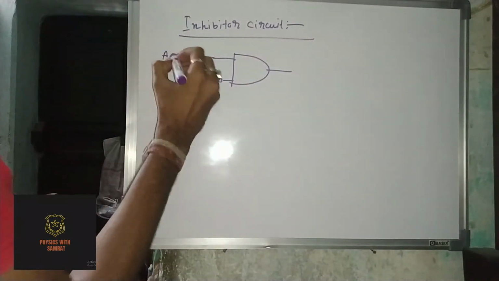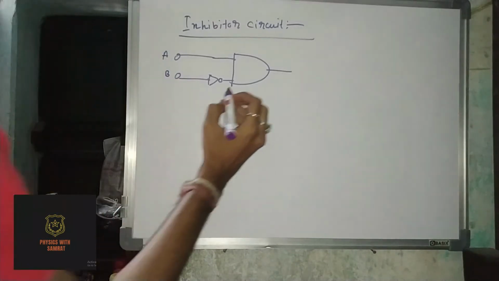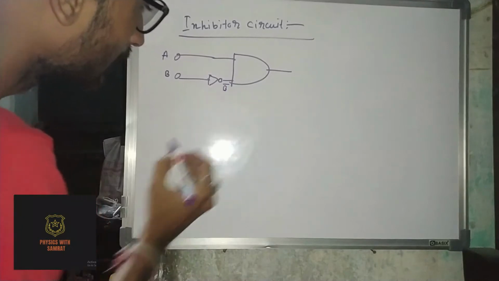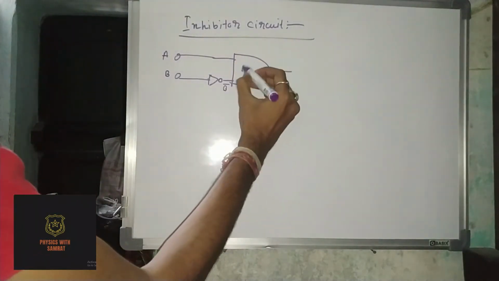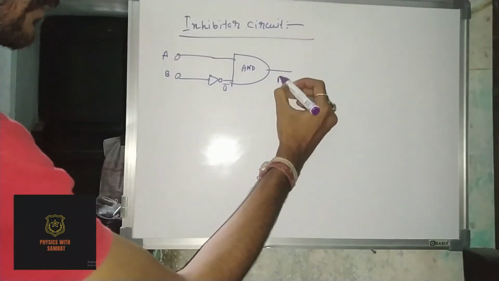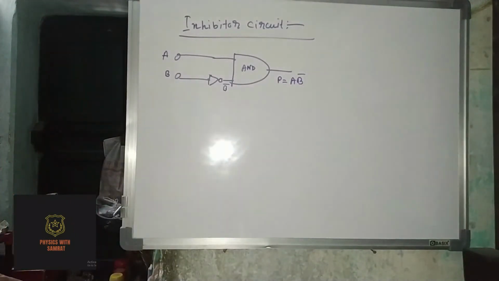Here there are two inputs, you can say A and B, and you are also looking that here is B complement. Okay, and this is an AND gate. So combination of A and B, what we will get? A B bar. Okay, this is inhibitor circuit.